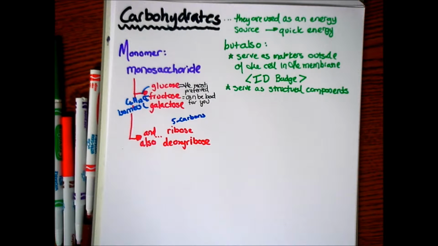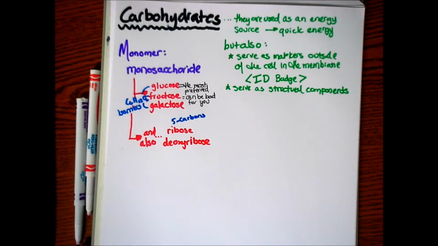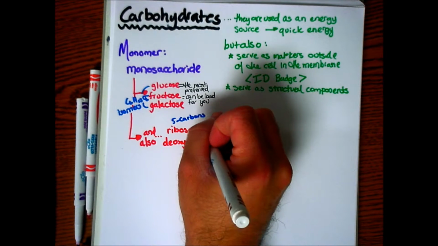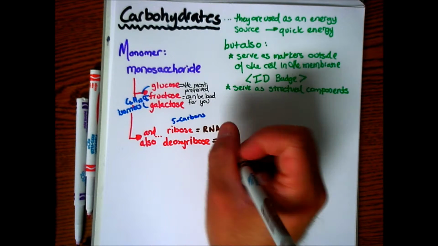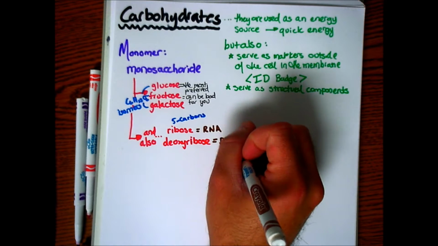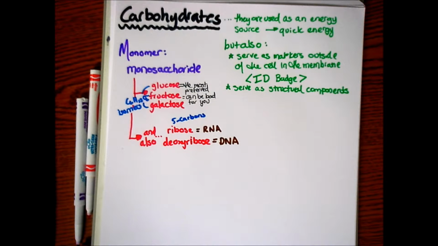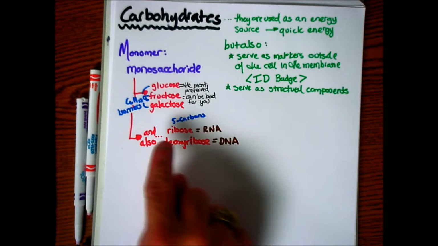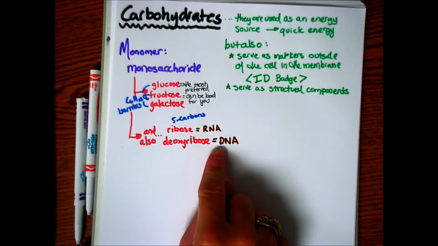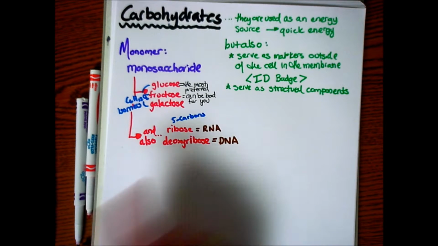Ribose is an important ingredient in making RNA. Deoxyribose is an important ingredient in making DNA. In fact, RNA stands for ribonucleic acid, ribo as in ribose. DNA stands for deoxyribonucleic acid, as in deoxyribose.